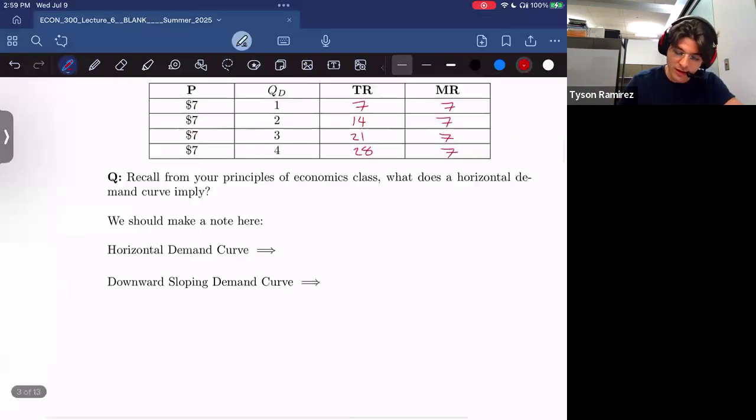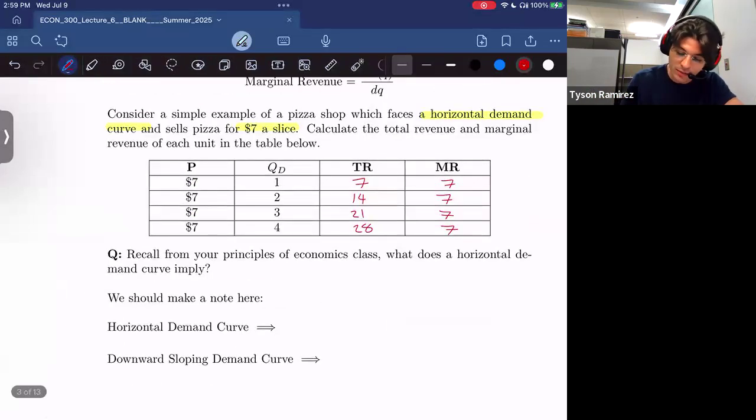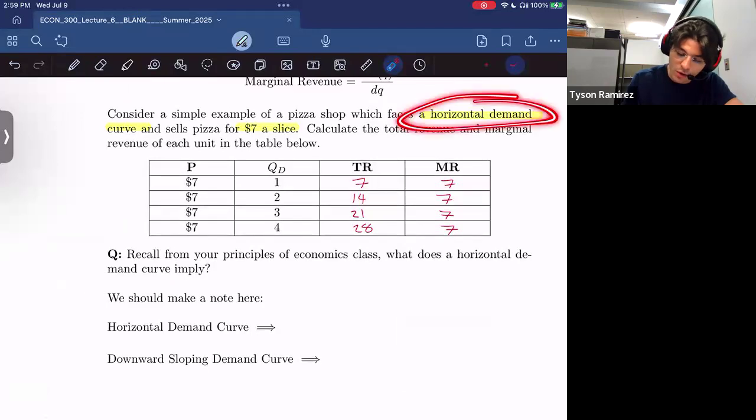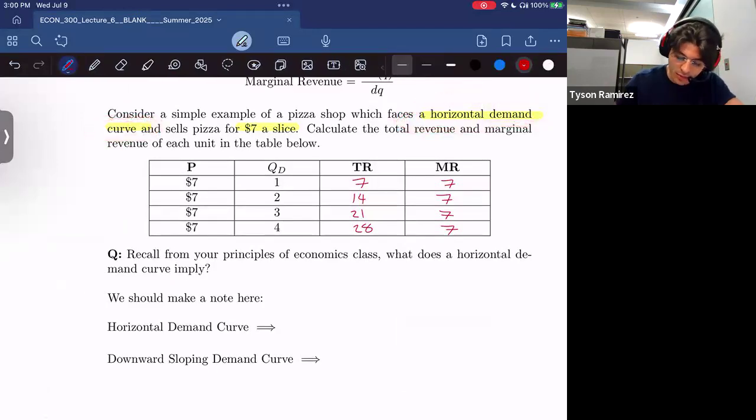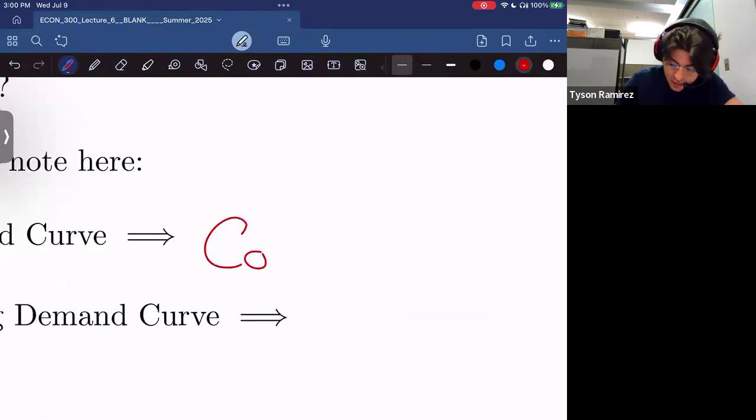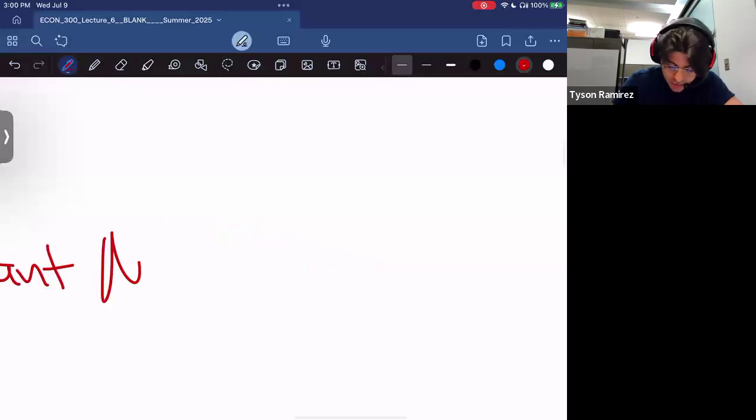One thing that we notice, and why did I highlight this, is that a horizontal demand curve implies constant marginal revenue.